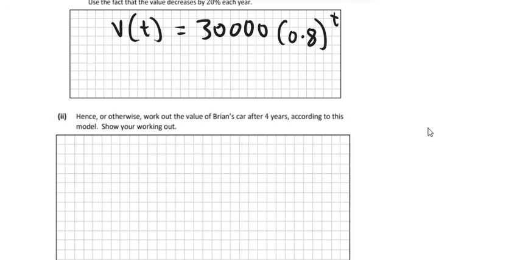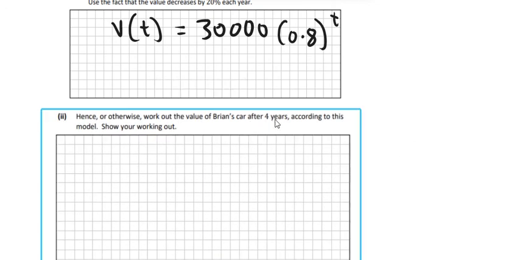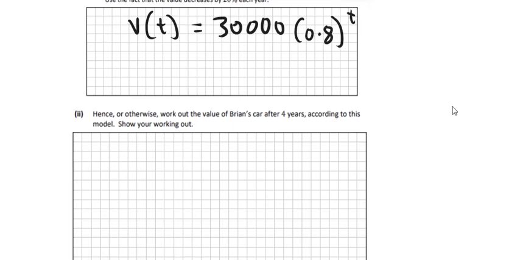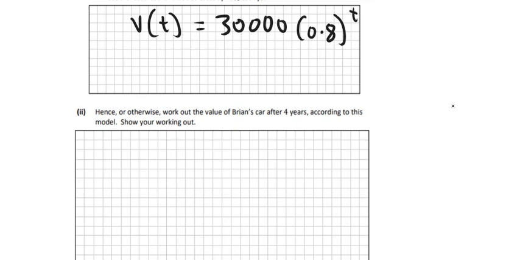Hence or otherwise, work out the value of Brian's car after 4 years. So then we just have to use that formula. So it's 30,000, and after 4 years means you just have to put in a 4, whatever amount of years you want instead of t. And I'm getting 12,288.